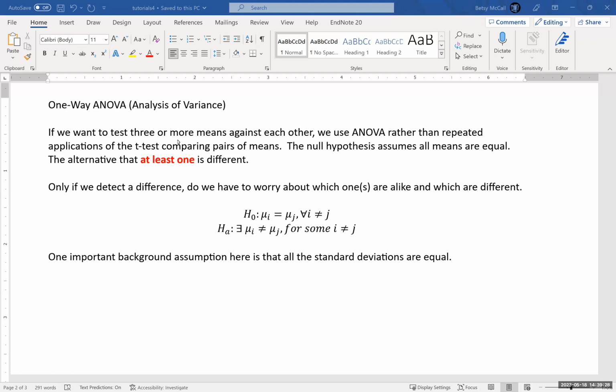And there are issues with conducting multiple tests that statisticians worry about. The more tests you do, the more likely you are to just get something wrong by random chance. And so that can affect your results. And so we want to find a way to minimize the number of tests we're conducting. And if you have a lot of means, then of course, the number of possible pairs can be quite large.